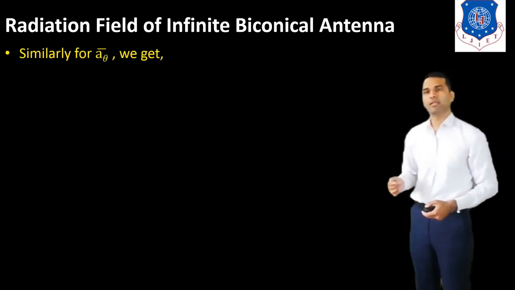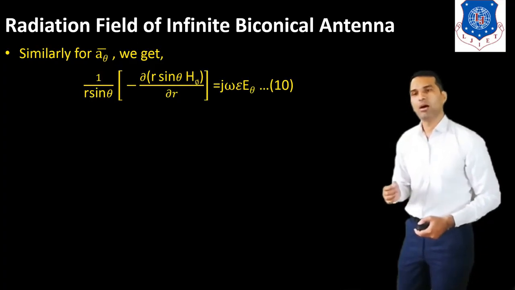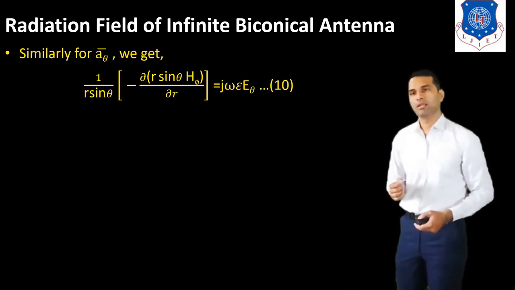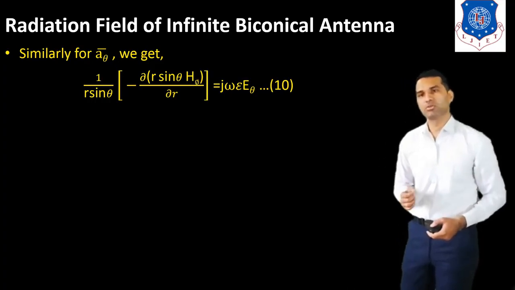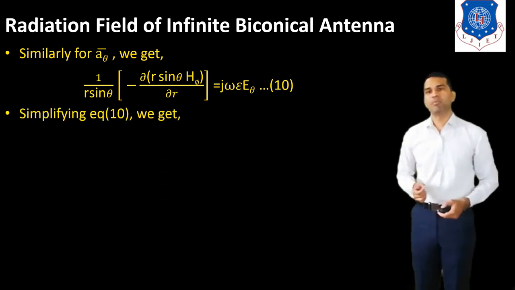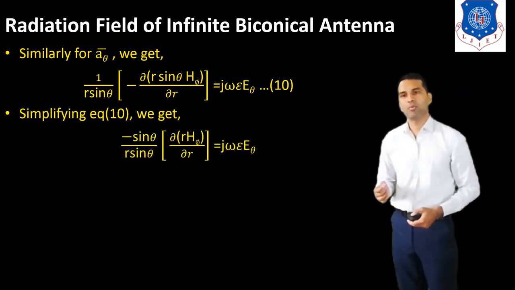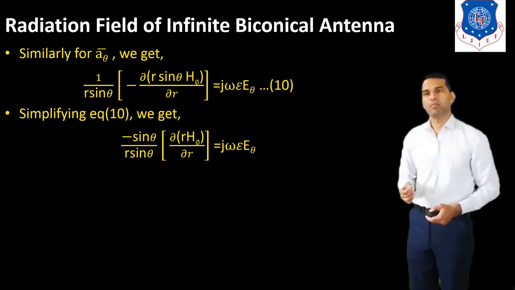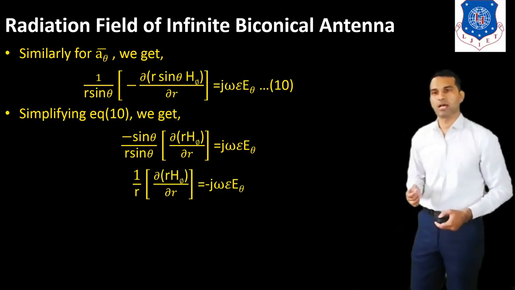Similarly, for the a theta component, we get 1 upon r sin theta into r del by del r of (sin theta H phi) is equal to j omega epsilon E theta. Now simplifying equation number 10, we get minus sin theta upon r sin theta del by del r of (r H phi) is equal to j omega epsilon E theta.